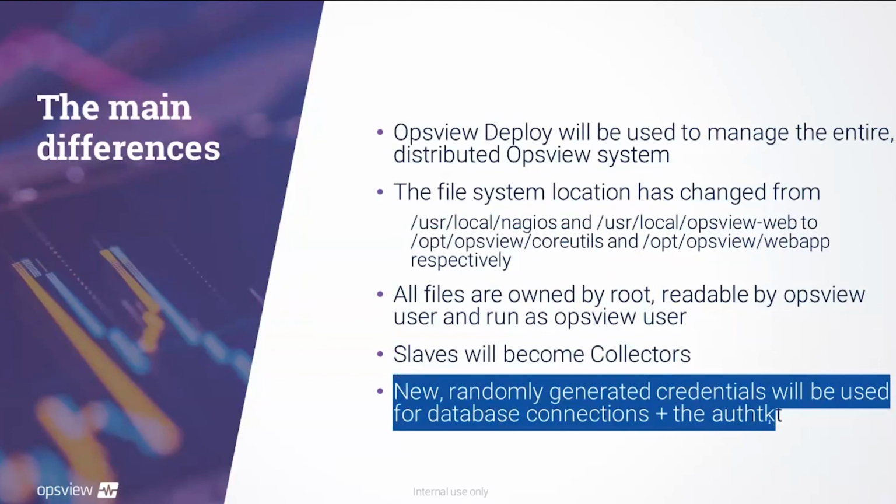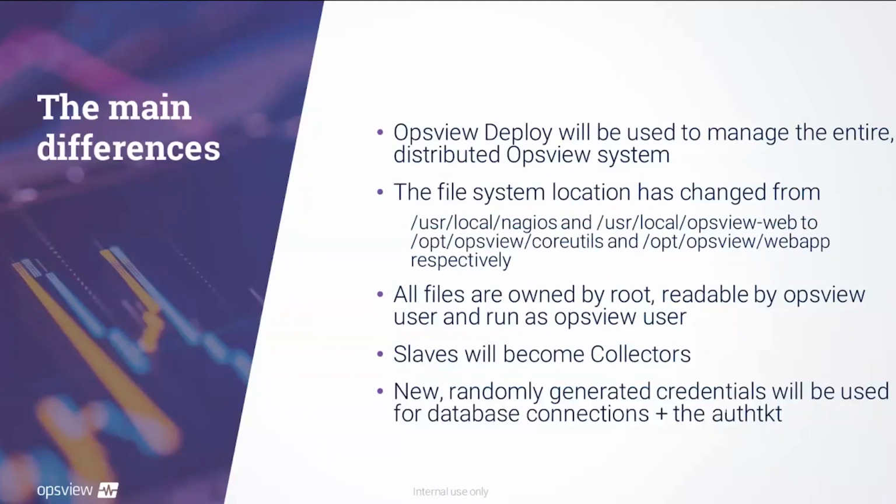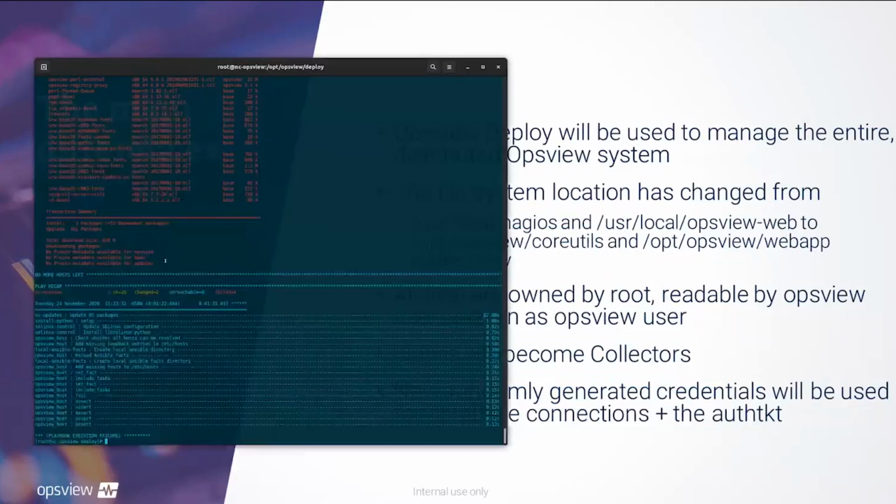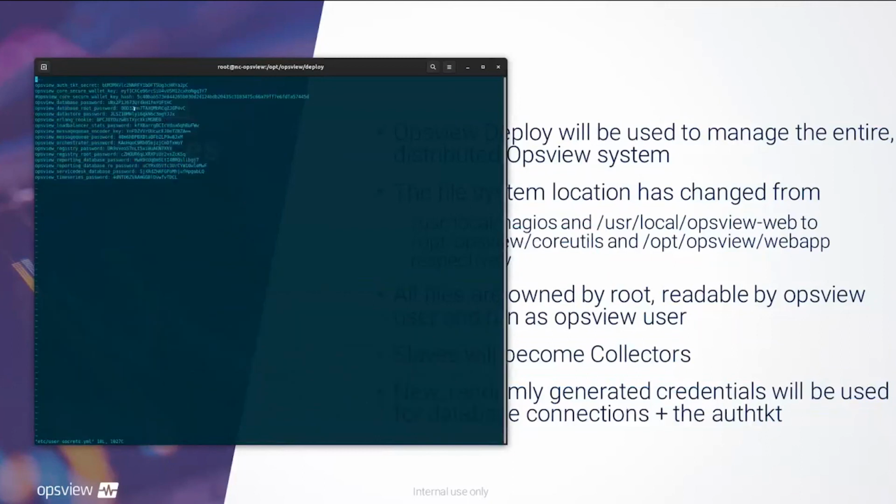And we've very briefly seen new randomly generated creds will be used for the database and auth-tkt authentication system. So we randomly generate some credentials on the first run. Use secrets. So this file is only readable by root, so only people with root access can read this file.